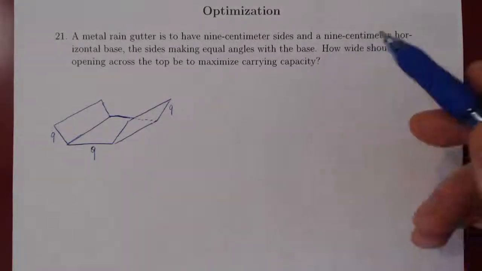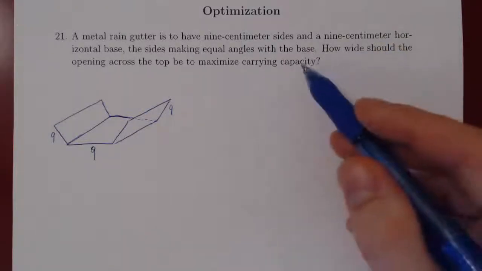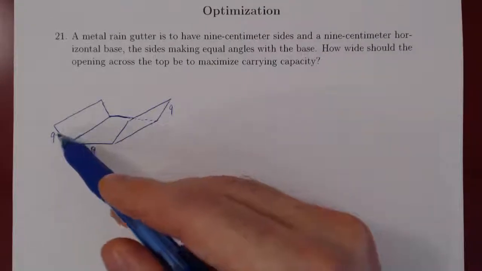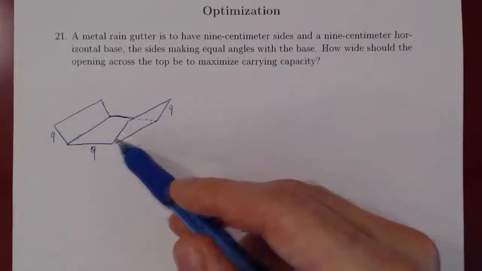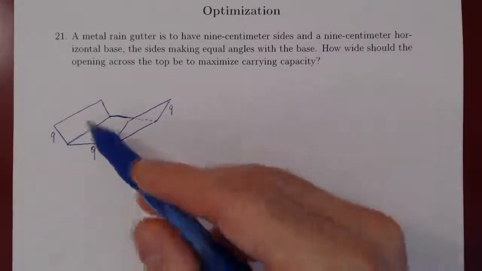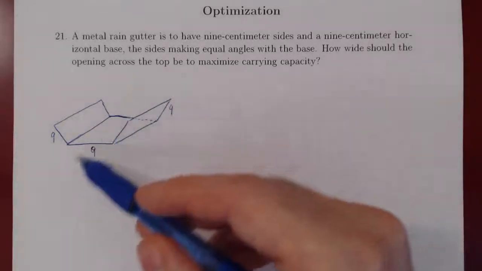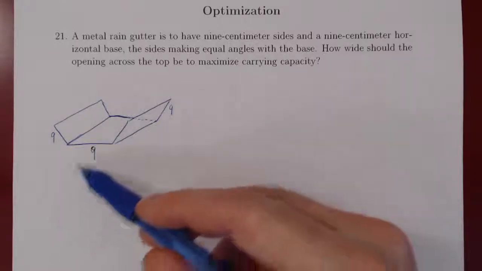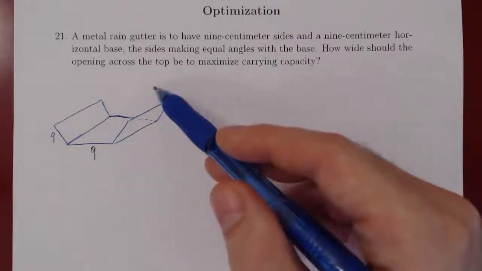And now we're asking, and if you think of it, the question we could have asked ourselves: how will you position the sides? So at which angle will you position these sides so that your gutter will be able to allow the maximum flow of water, right?